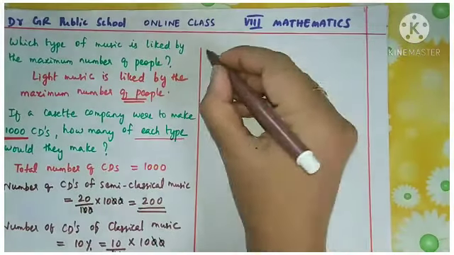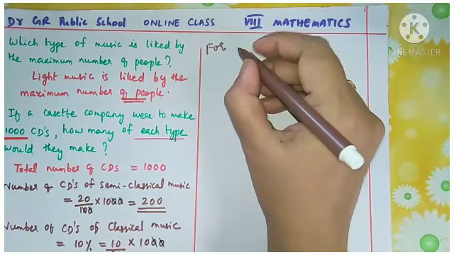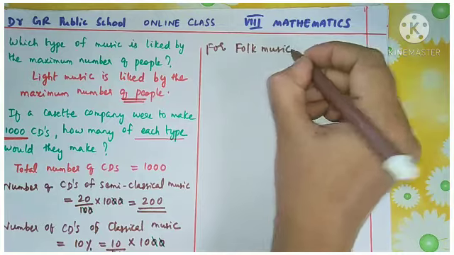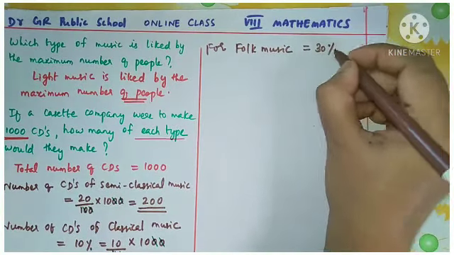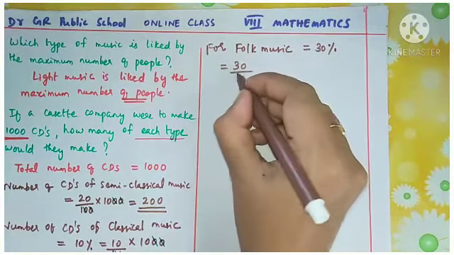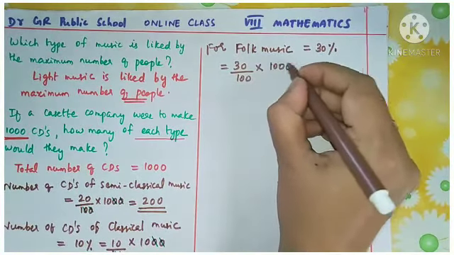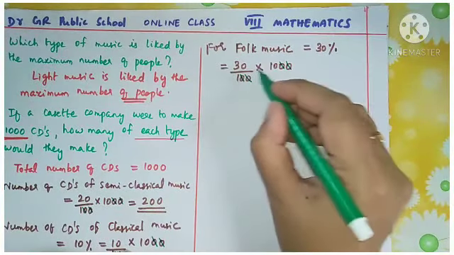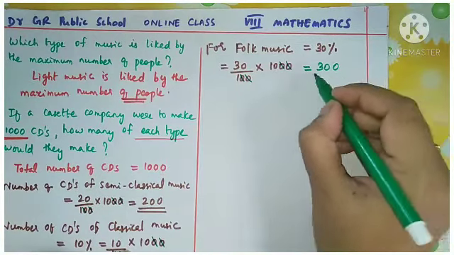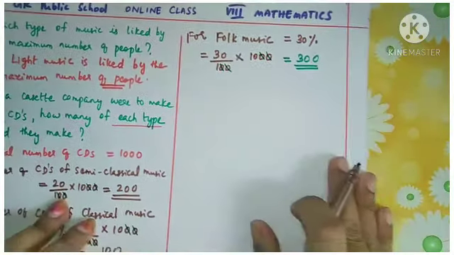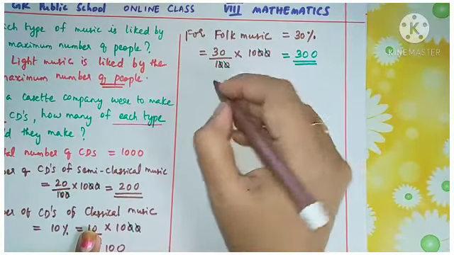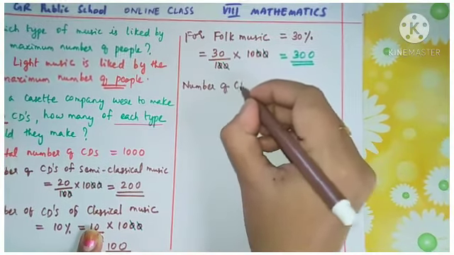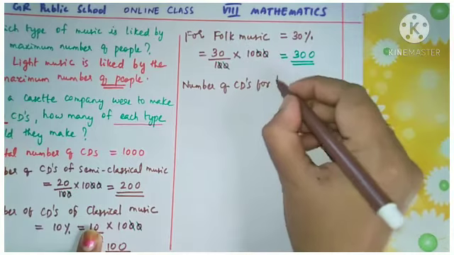Now come to the next type, folk music. For folk music, we have 30%, that is 30 by 100 into the total number, 1000. Again do the calculation. Cancel the zeros, so 30 into 10. What is 30 into 10? 300. Understood? Now, after folk, we have the number of CDs for light music.